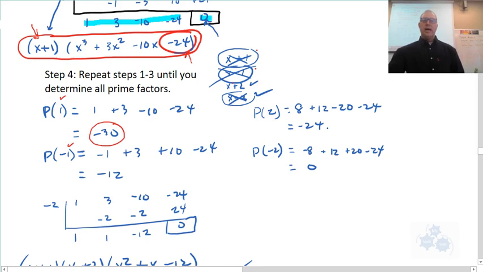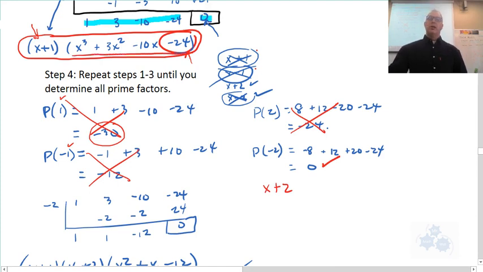Okay? So x minus 1 is not a factor of this one here. X plus 1 is not a factor here. X minus 2 is not a factor. Oh, x plus 2, look at this. X plus 2 is a factor of this polynomial now. So you repeat the process and do your synthetic division.